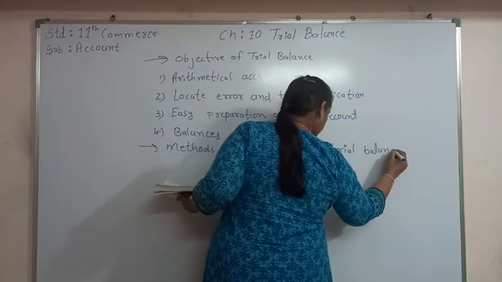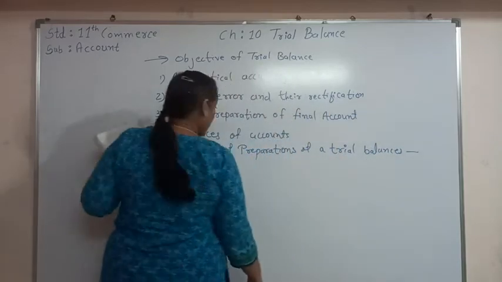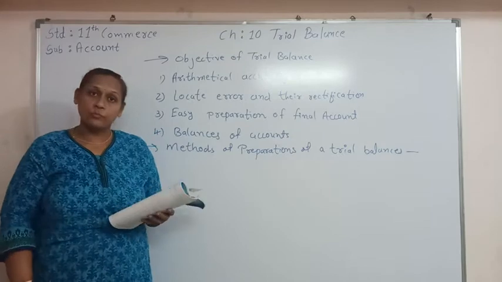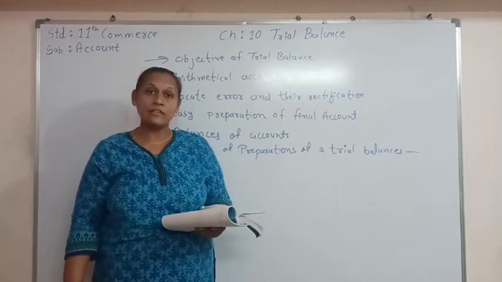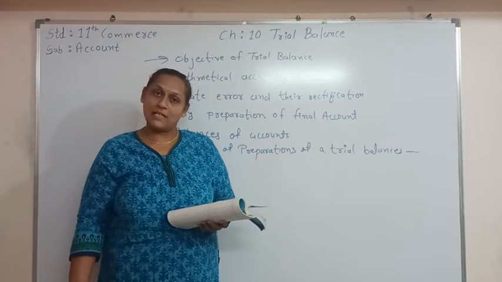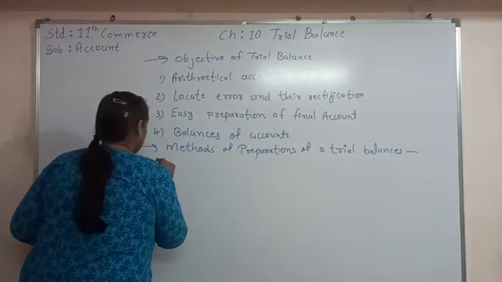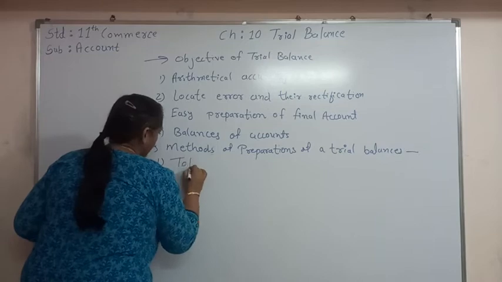Here, the trial balance can be prepared by two methods. The very first method is the total method and the other method is the balance method. So the first method is the total method.